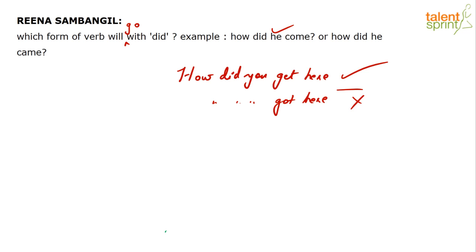I think a couple of you answered this question in the forum as well. The construction always goes with the base verb and not with the second verb. How did you arrive? Not how did you arrived. You always go with the base verb. Okay, so shall we move forward?